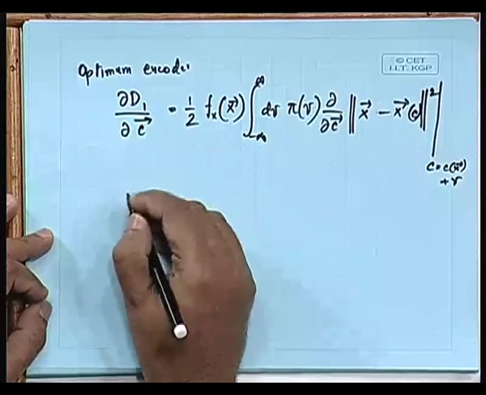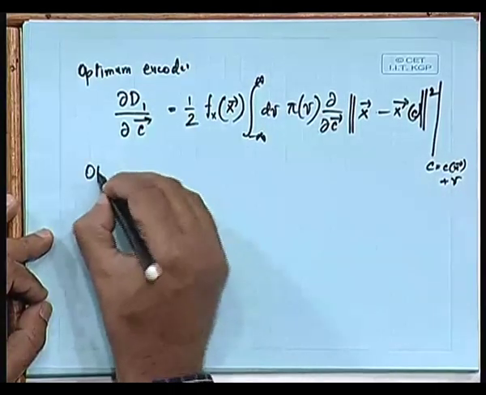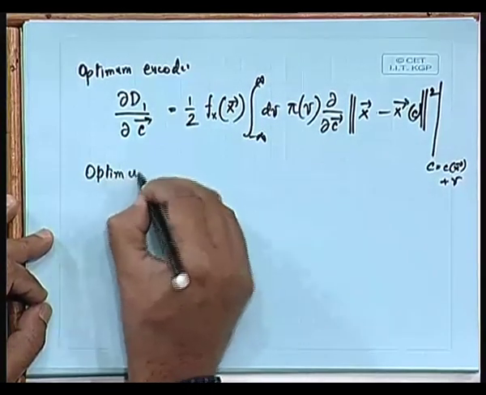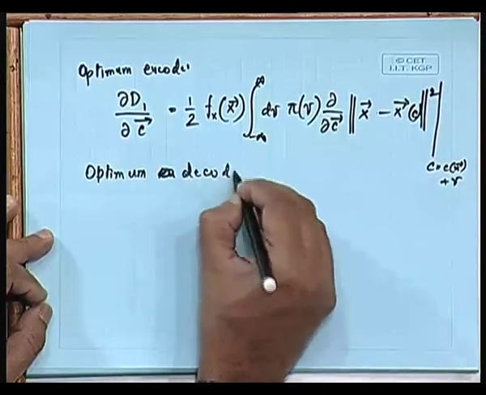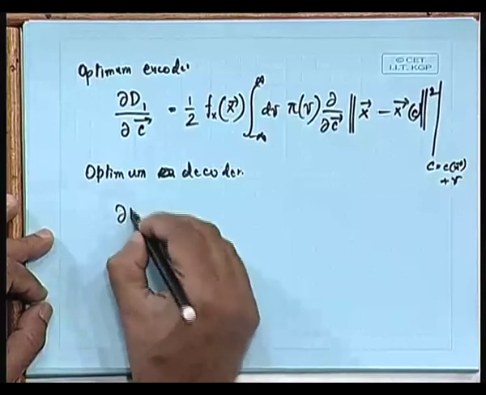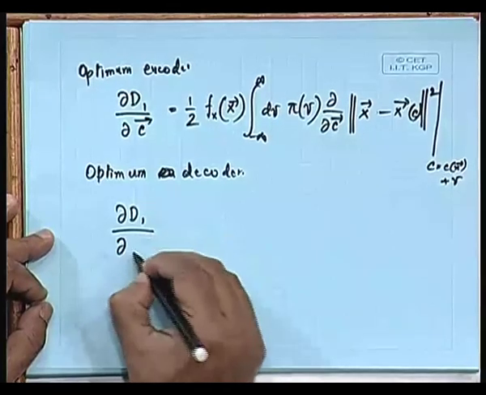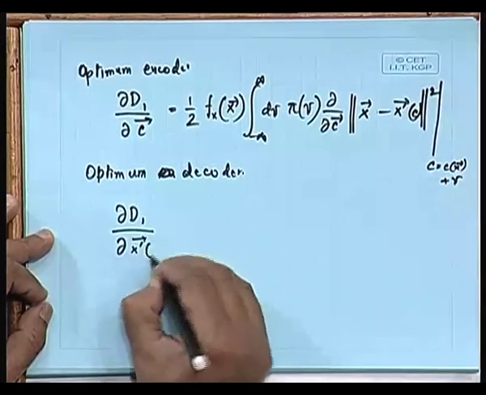And for the optimum decoder, what we have to solve is by equating ∂D1/∂x prime C to 0.